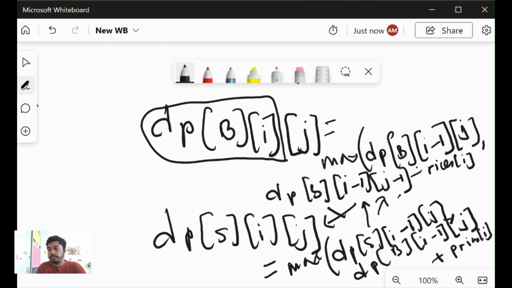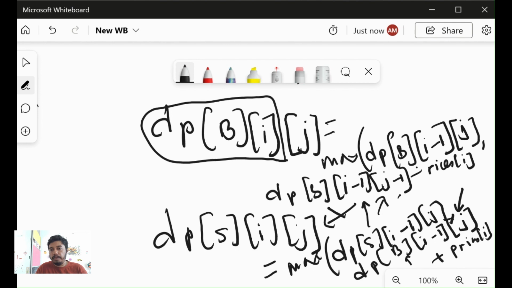Why am I having j here instead of j minus 1 for the buy variable? Because when I'm doing a sell activity after a buy activity, this is considered to be the same transaction.